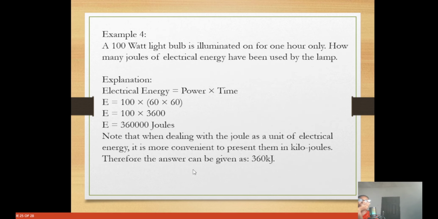So let's see this question. A 100-watt bulb is illuminated for 1 hour only. How many joules, that's like the energy of electrical energy, have been used by the lamp?